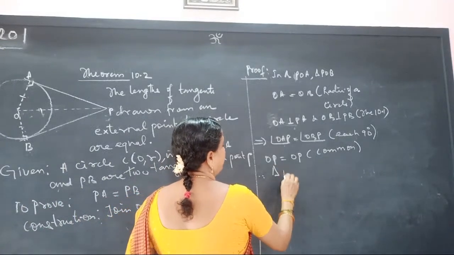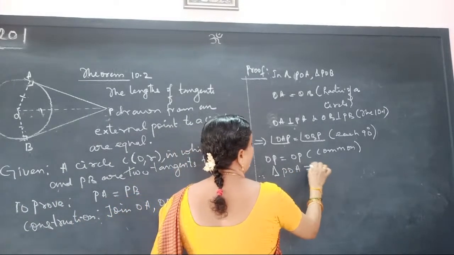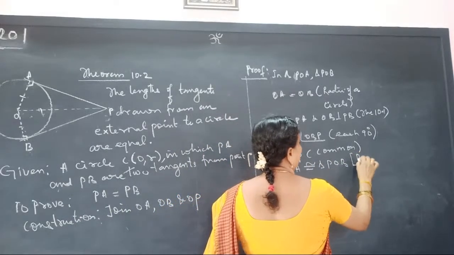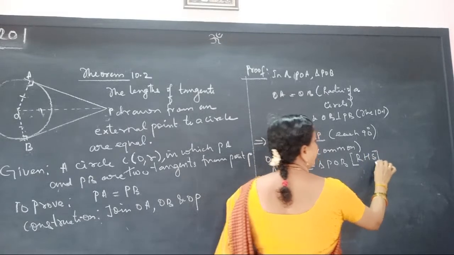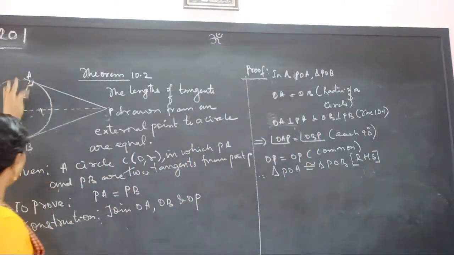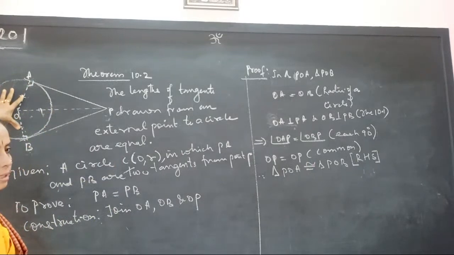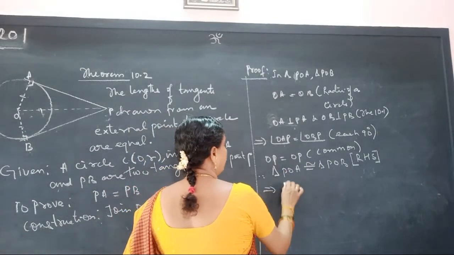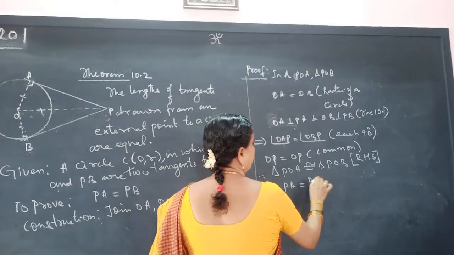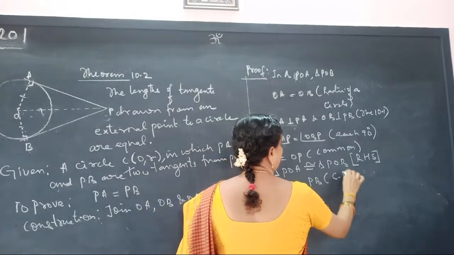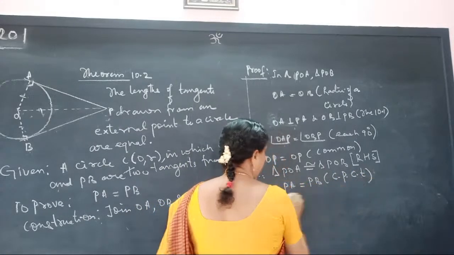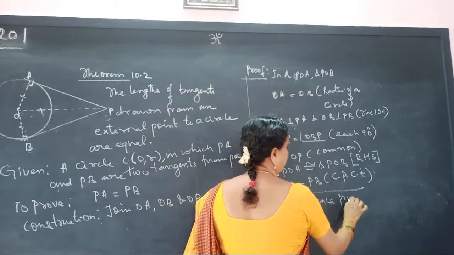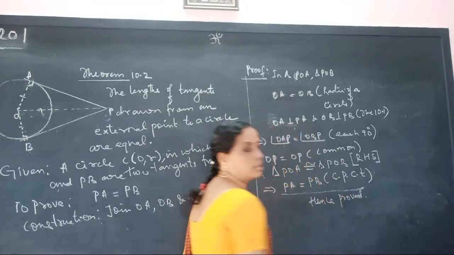Therefore, triangle POA is congruent to triangle POB by right angle, hypotenuse, side. RHS: R is right angle, this is hypotenuse, side. Congruent, which implies PA equals PB by CPCT. What is CPCT? Corresponding parts of congruent triangles.